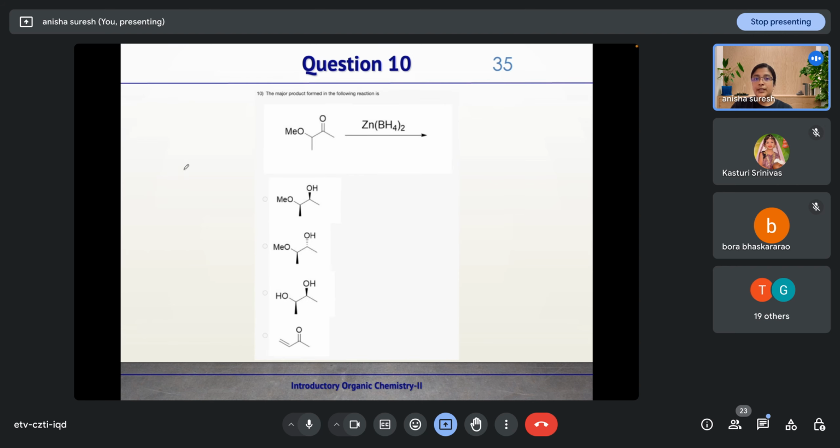Now coming to the next question. The major product formed in the following reaction is. So this is also a Cieplak model that is coming into picture. But here, since Zn2+ is a chelating ligand, chelation also we should take into consideration. So what will be the major product that is forming here?